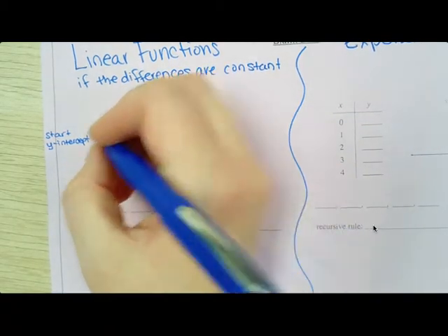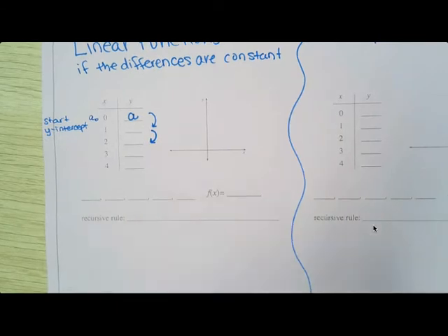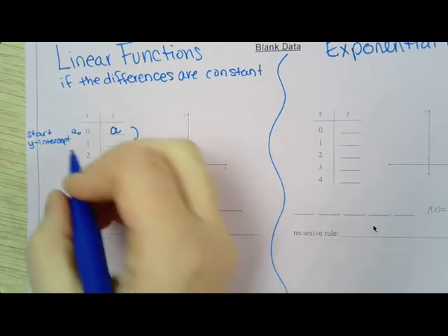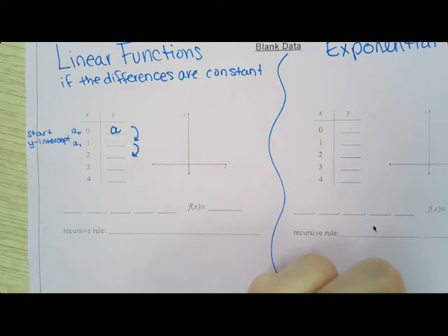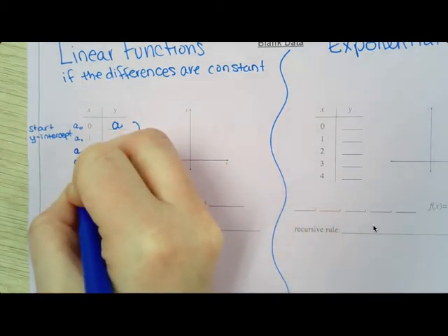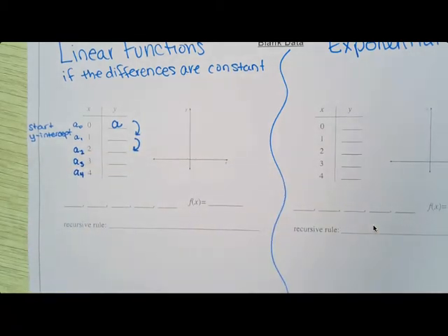This is called a sub 0, kind of like our bell ringer today. And then the first one is a sub 1, or whenever x is 1, a sub 2, a sub 3, and a sub 4. Sub means subscript.